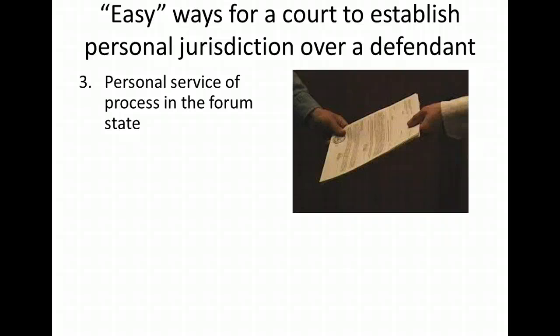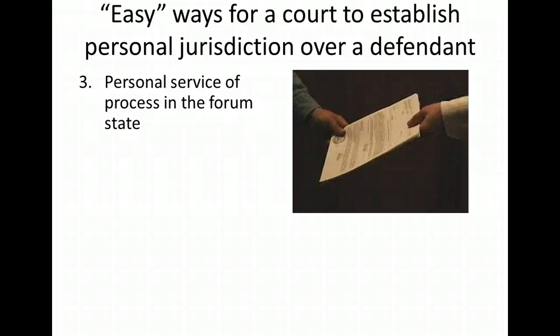The third easy way for a court to establish personal jurisdiction is by personal service of process in the forum state. So this is not any kind of service of process other than personal in-hand delivery. So no mailing, no faxing, no email, nothing like that.